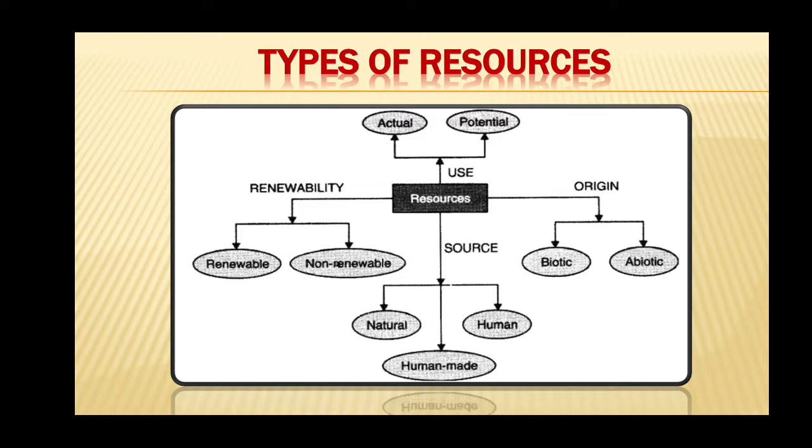And in the natural resources, again, natural resources can be classified into three main categories: on the basis of origin, on the basis of renewability, and on the basis of development. Under the heading on the basis of origin, you can see two headings: biotic and abiotic resources.